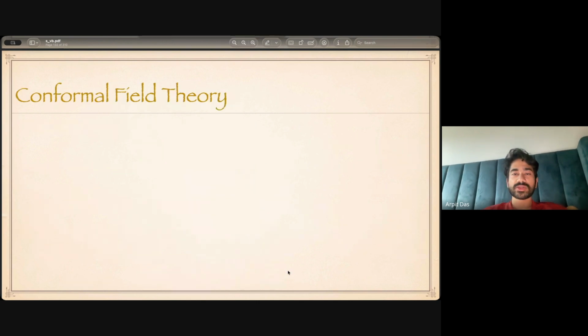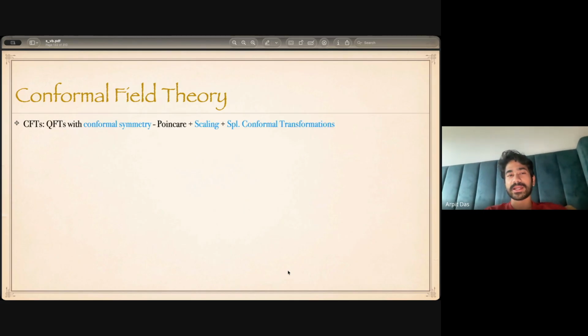So let me give you a quick recap of conformal field theory. You know that the relativistic invariance of QFTs tells us that we should have Poincare symmetry in our theory. If on top of Poincare symmetry you impose what is called scaling symmetry and special conformal transformations, then you get what is called a conformal symmetry.